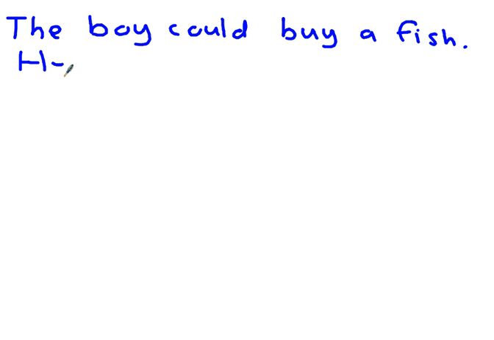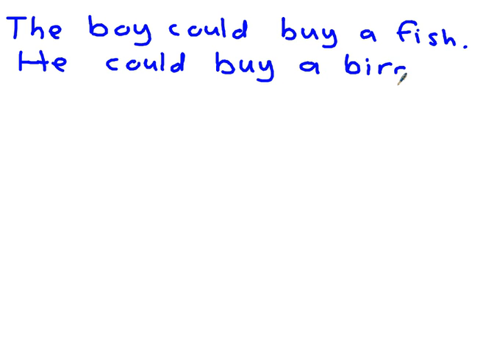He could buy a bird. What I want you to do right now on your whiteboards, I want you to put these into a compound sentence. Write them into a compound sentence, then show me on your board when you're done. A compound sentence that has one of the coordinating conjunctions.